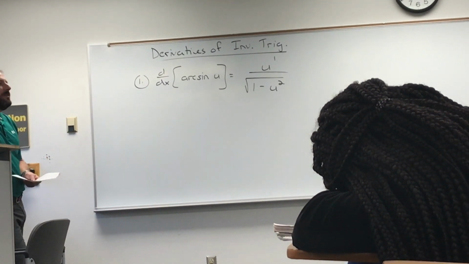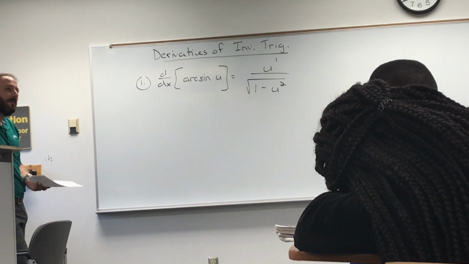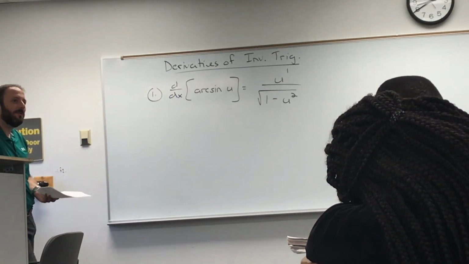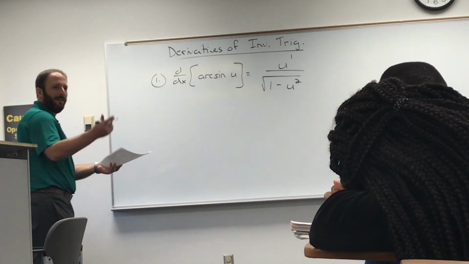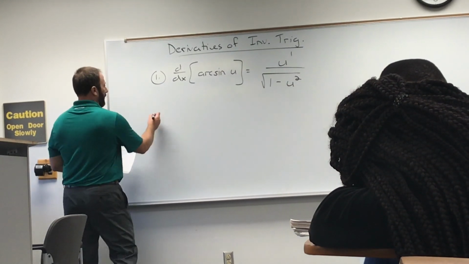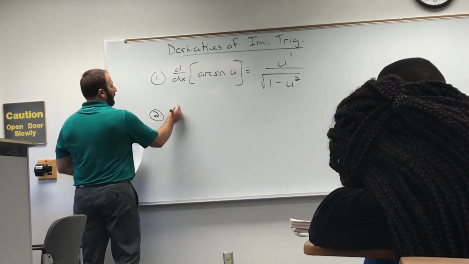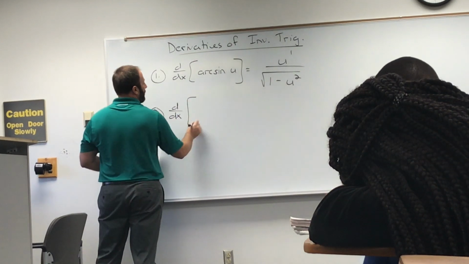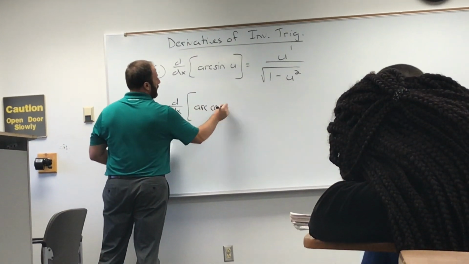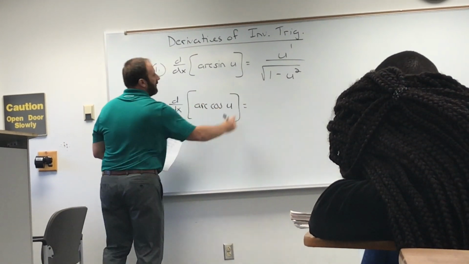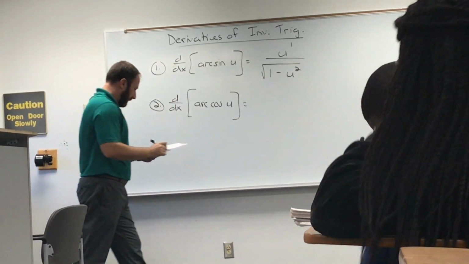So does anybody know what the cofunction is for sine? Cosine. So the derivative of arccosine is going to be the same thing except with the negative.